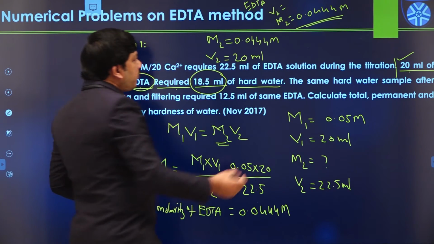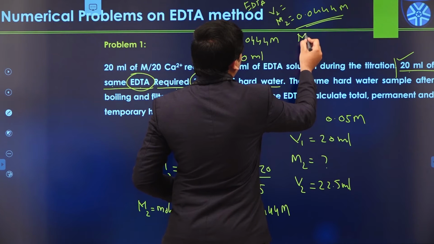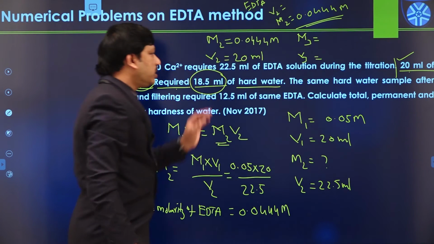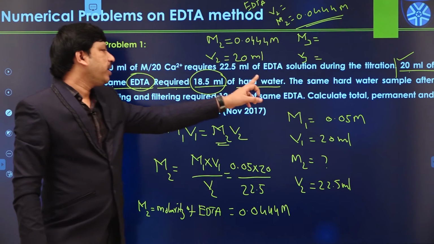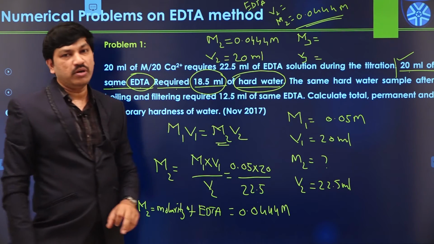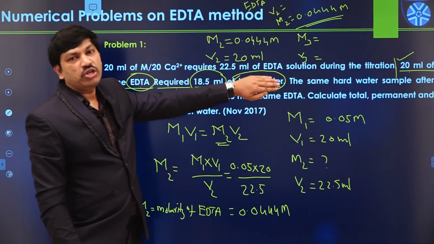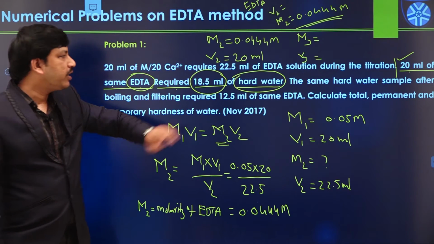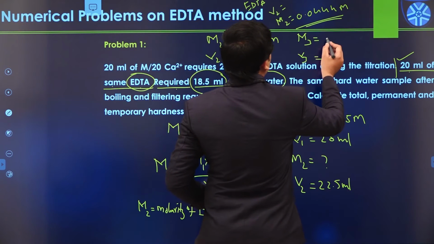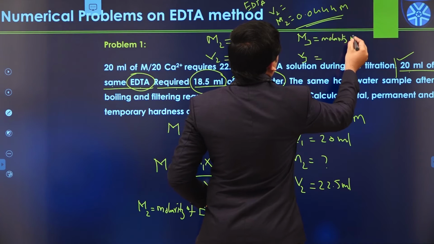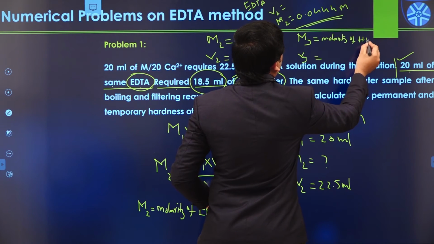And we have another new parameter, the M3 value and V3 value. What is M3? In the second case, we are using a hard water sample, so this is the unknown solution here. For this unknown solution we have some concentration, molarity, that is M3, the molarity of hard water.